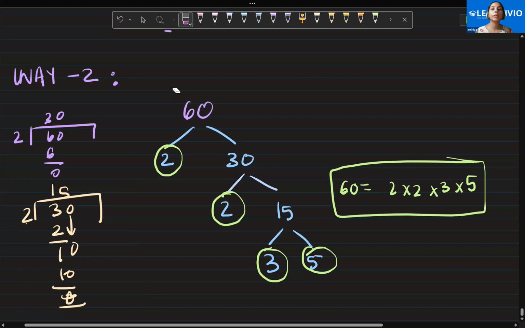Is it clear, all the three methods? Yes. Okay, now I'll give you one question.